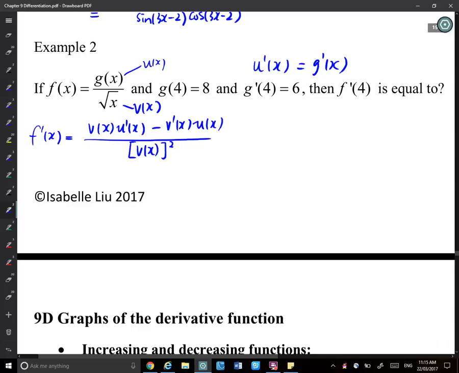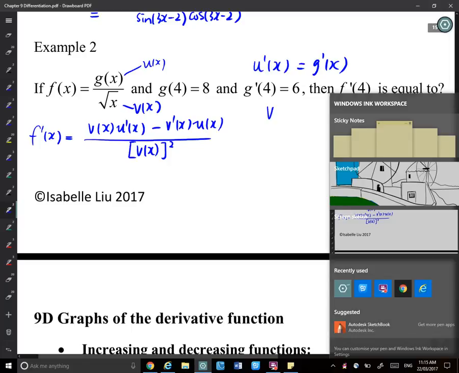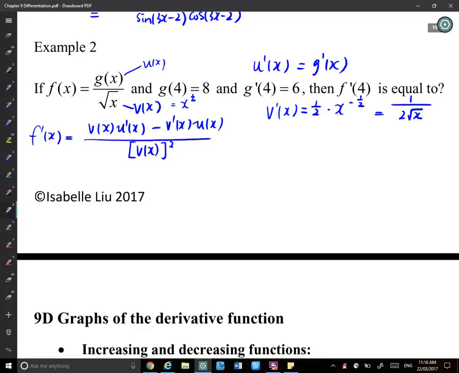What is v dash x? Vx is x to the power of a half. Then I have a half times x to the power of negative a half, that equals 1 over 2 root x.